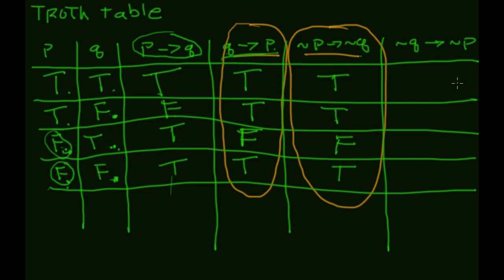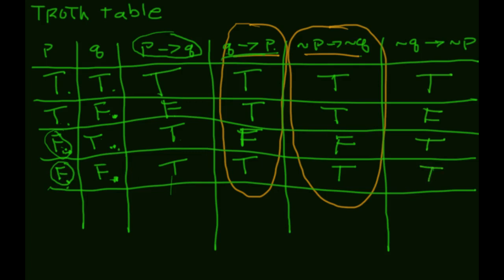Okay, so let's try the contrapositive. Not Q would be false, so that makes the whole thing true. Not Q would be true. Not P would be false. True to false makes it false. Not Q is false, so the whole thing has to be true. Not Q is true, not P is true, true, true makes it true.